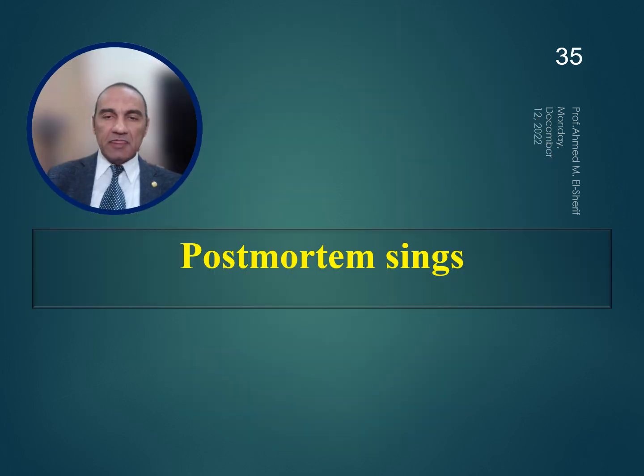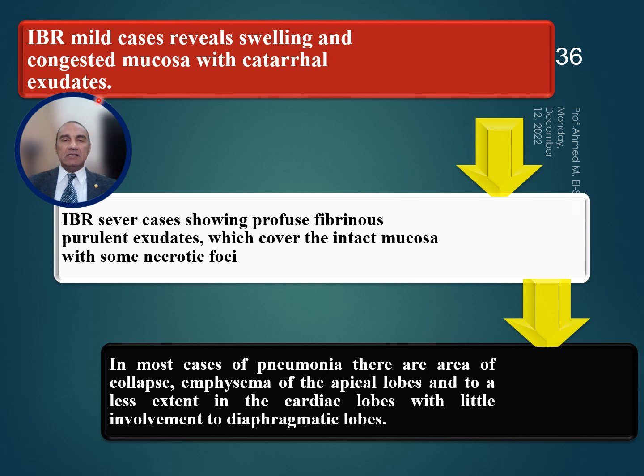Post-mortem signs noted in animals dead from infection with bovine herpesvirus 1, either subtypes 1.1, 1.2, and or 1.3: mild cases reveal swelling and congested mucosa with catarrhal exudates.